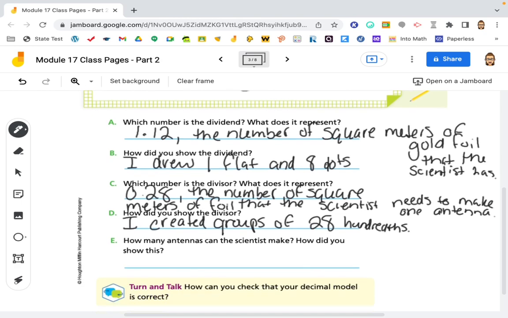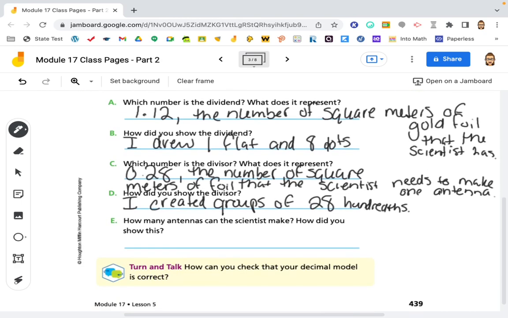So how many antennas can the scientist make? 4 antennas. I made 4 groups of 2800ths.